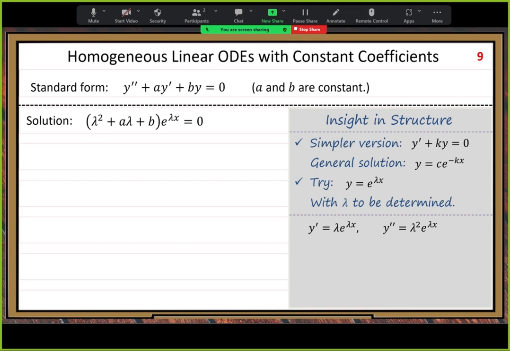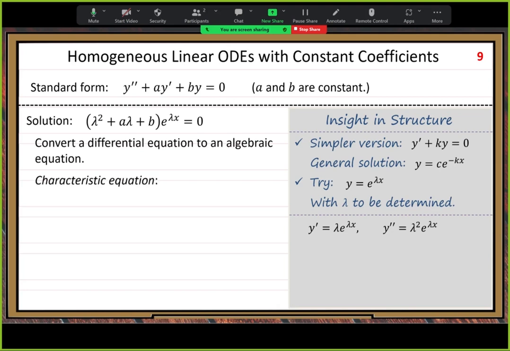We also know the e term can never be 0, right? E to any number cannot be 0. So the e term, we can cancel out. We can remove the e function term. So we convert a differential equation to an algebraic equation.